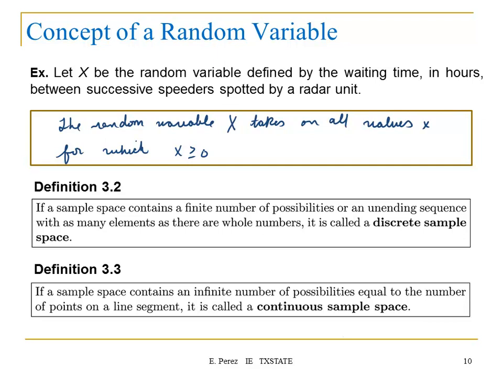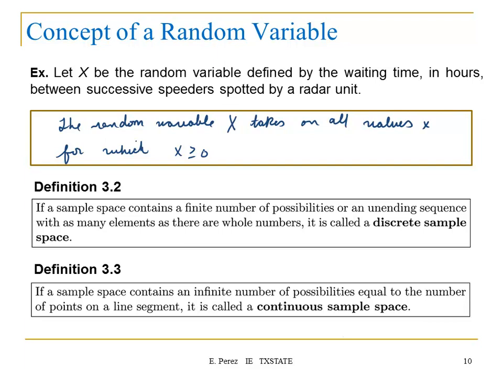So your waiting time can go from 0, no waiting, up to days, years, I don't know, what else, okay? So we define that random variable using a greater than or equal to 0 value.